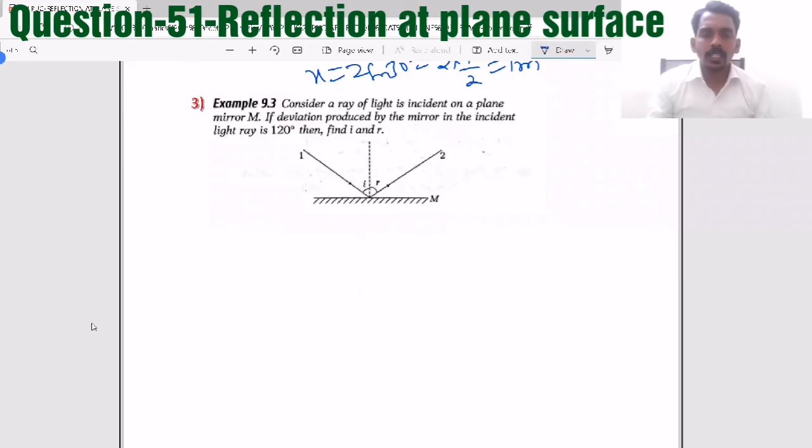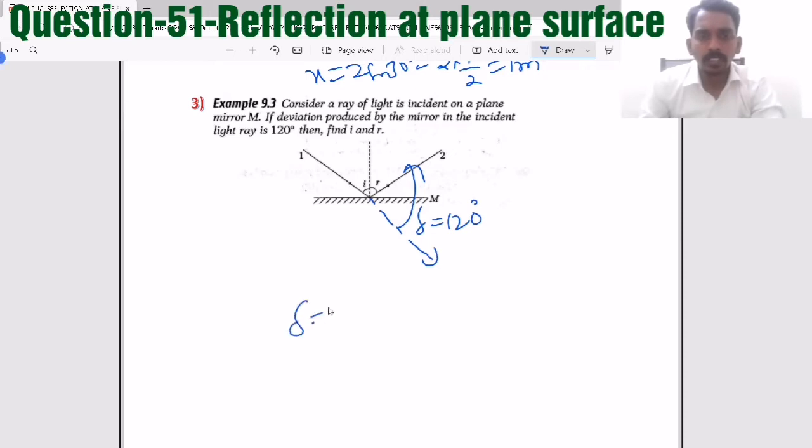Now one more question. Consider a ray of light incident on a plane mirror M. The deviation produced by the mirror in the incident light ray is 120 degrees. That means this is the actual direction, this is the deviation, and the deviation is 120. Then find i and r.